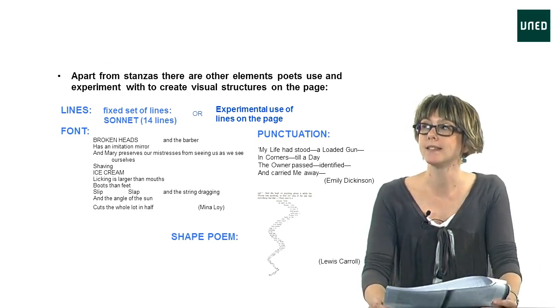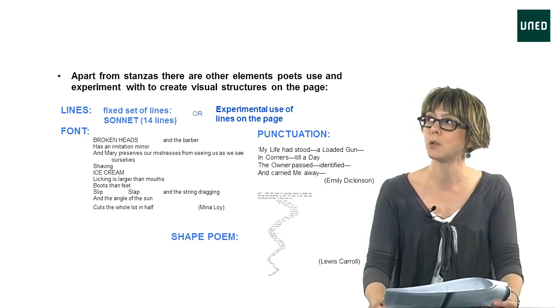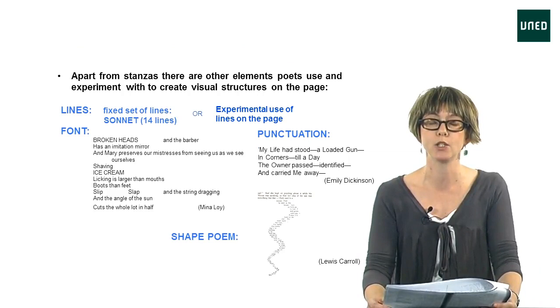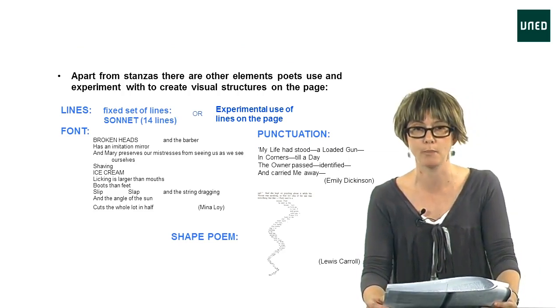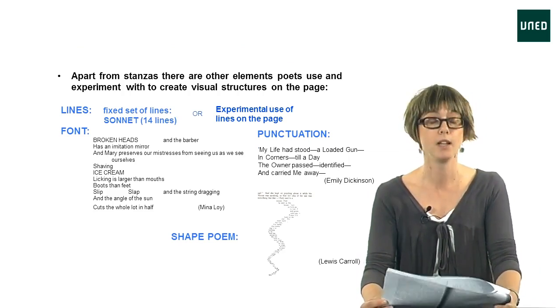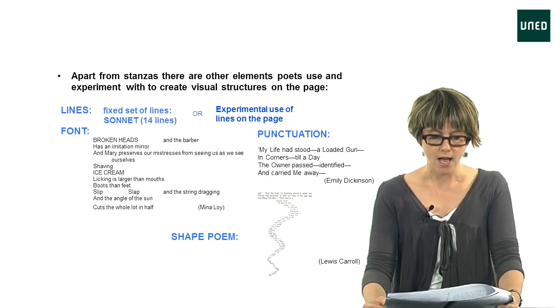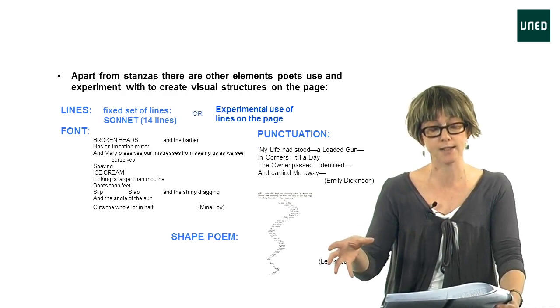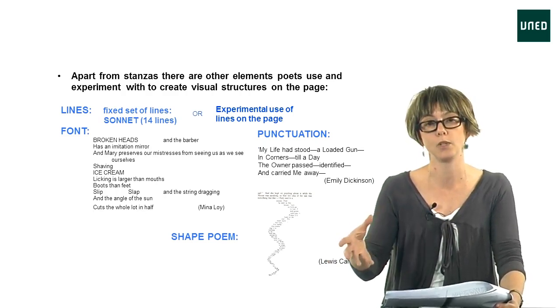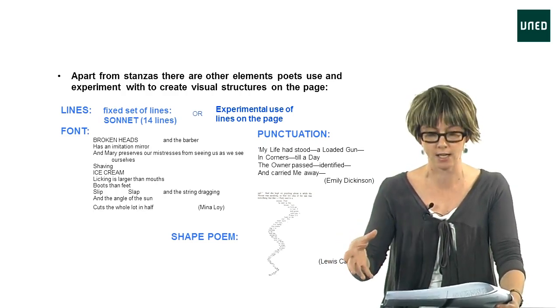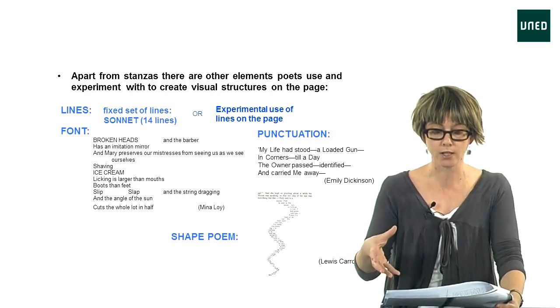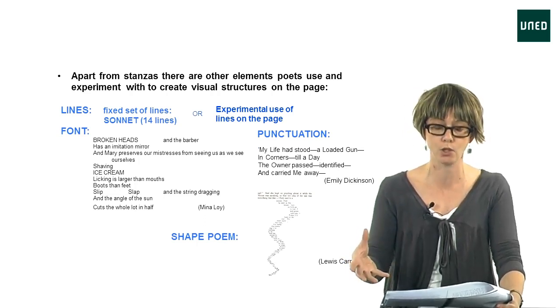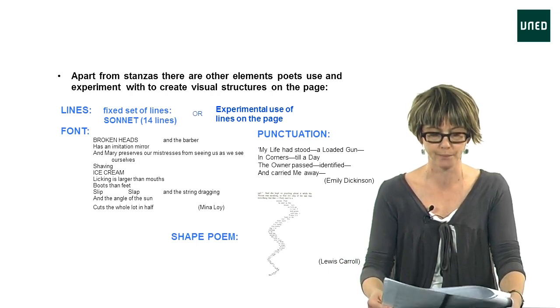Apart from stanzas, there are other elements poets use and experiment with to create visual structures on the page. For example, we have lines. They could be used as a fixed set of lines, such as the sonnet, which contains 14 lines, or the poet could have an experimental use of lines on the page.